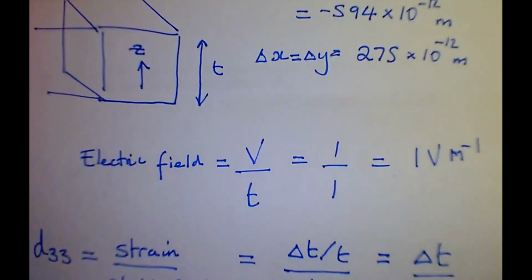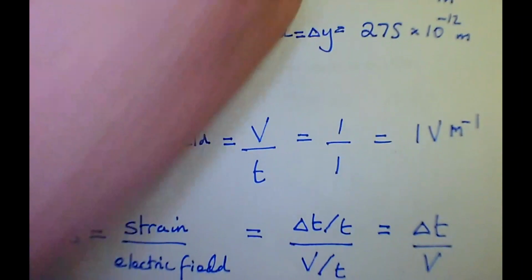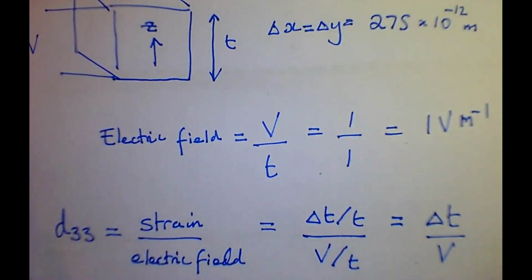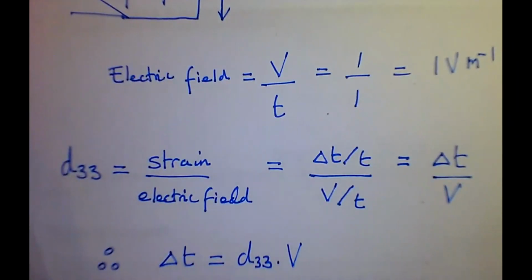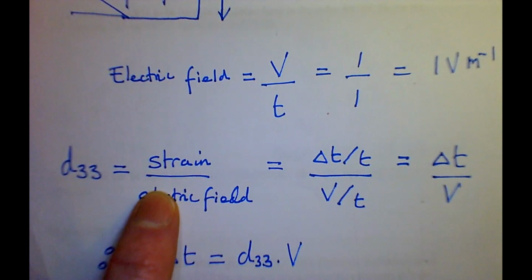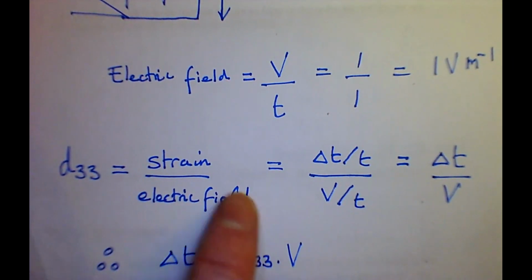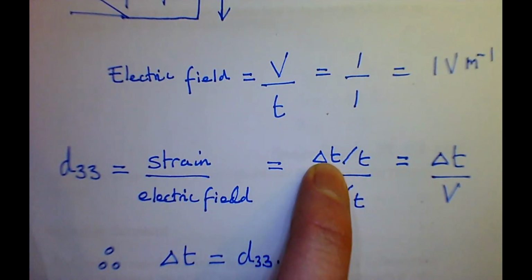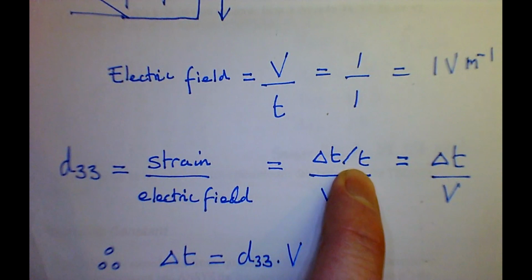And for a piezoelectric actuator, the material property in terms of strain is this D33 coefficient. And this for the piezoelectric is the strain per unit electric field in the polarization direction. And the strain is delta T divided by T, deflection divided by initial thickness.